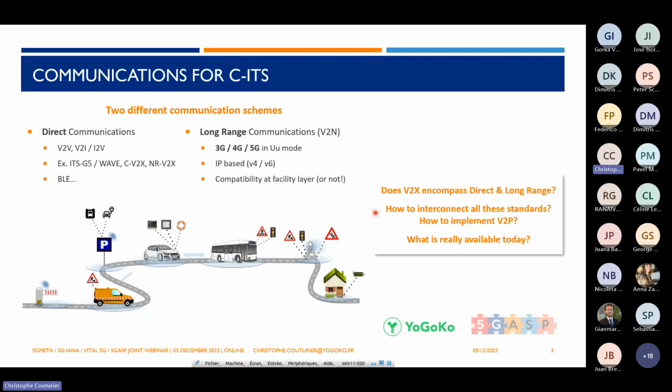Then the second question is: wow, there are a lot of standards. How can we build applications that work with all these standards? For instance, how can I implement vehicle to pedestrian? Pedestrians are currently not equipped with this kind of technology, while cars are.